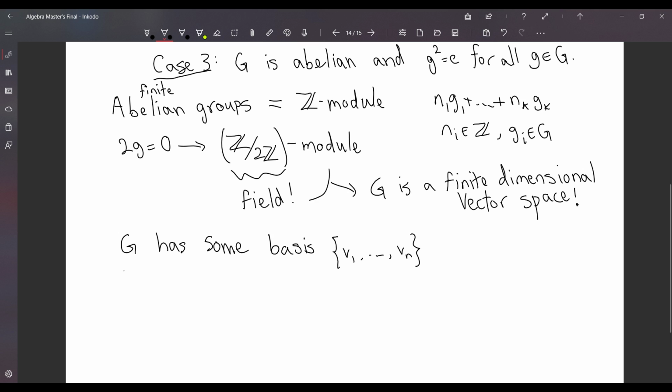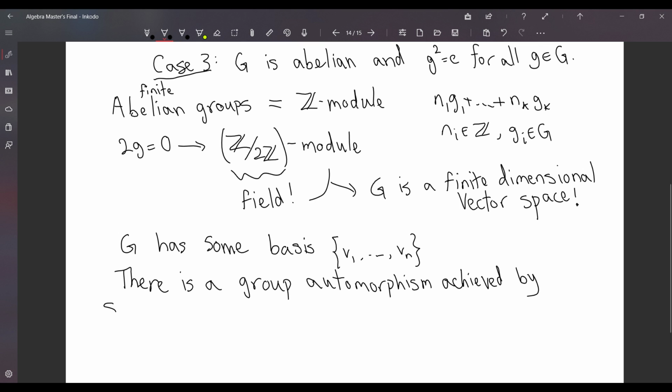And there is a group automorphism achieved by swapping, let's say, v1 and v2.